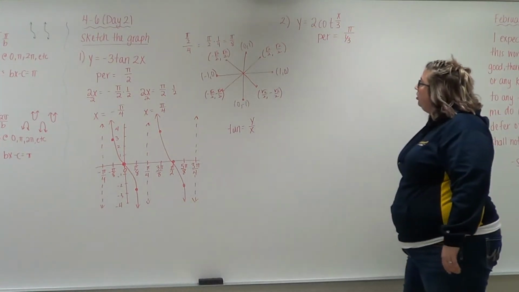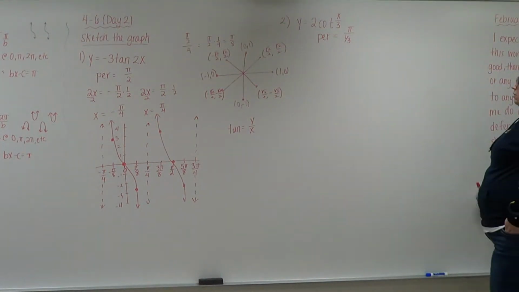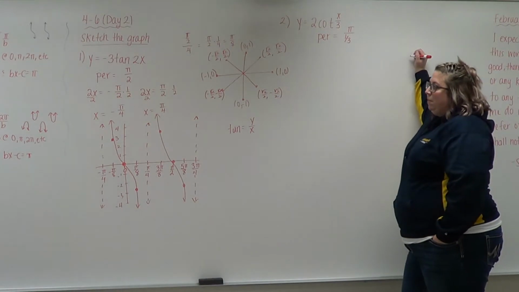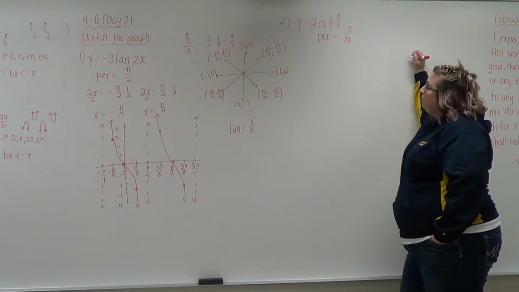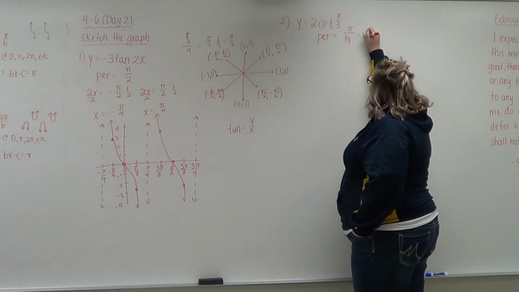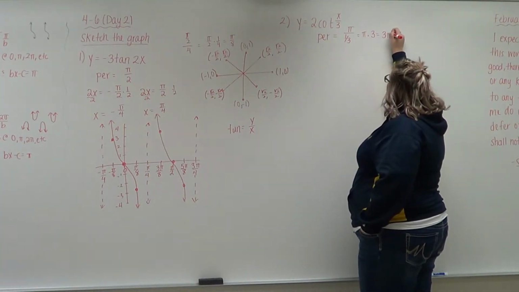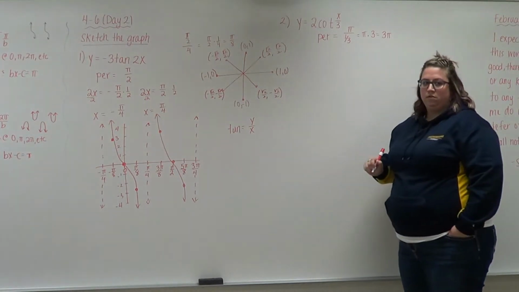Okay, so cotangent of x over 3. The period of tangent and cotangent would be pi, so you take pi divided by the number in front of x, so pi divided by 1/3. So it would be pi times 3. It would be 3 pi.